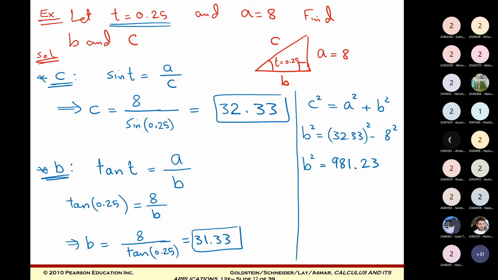Take the root. B equals, the same, 31.33. Okay. Take the radical, check please. Take the radical of 981.22. This equals what? 31.33. Okay. Any question?